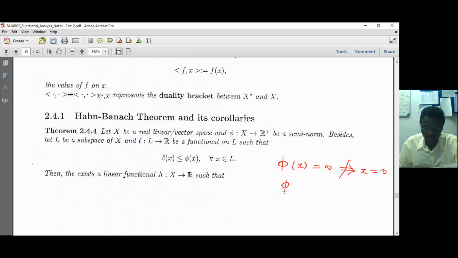But phi of 0 is 0. If it's definite, or if it's a norm, then phi of x equal to 0 is equivalent to x being 0. That's the main difference between a norm and a semi-norm. So in this case, we assume that phi is a semi-norm.